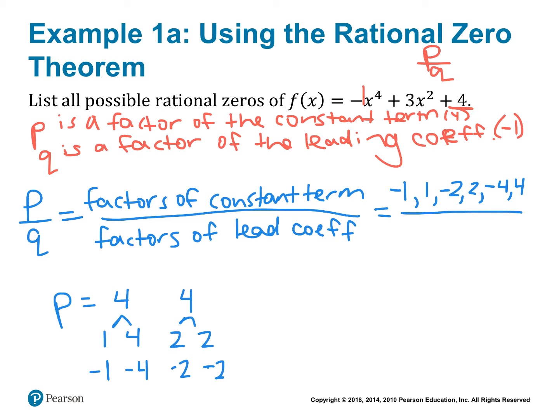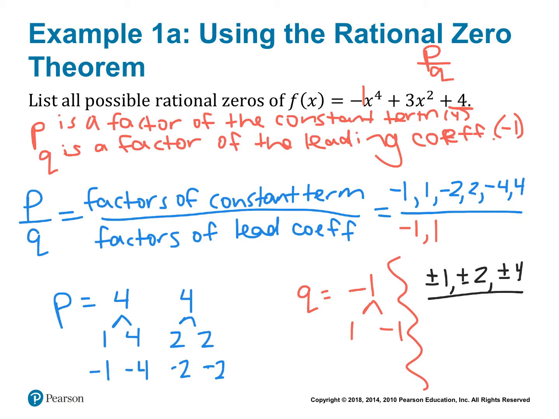And now the leading coefficient was -1. So the only way you can get -1 is with a +1 and a -1. Another way that you'll see this written, you notice I have a positive and negative of each. So the top could have been plus and -1, plus and -2, plus and -4, and the bottom was plus and -1. So you'll see it written either way.